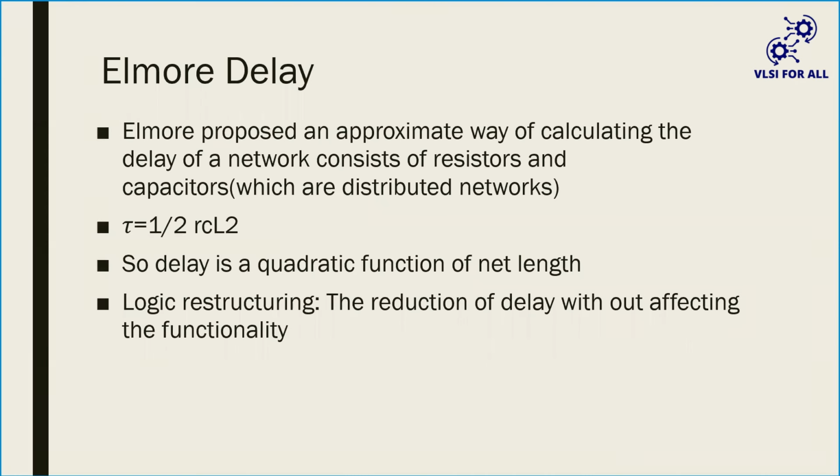So according to this Elmore delay concept, the net delay is reduced to 1 by 4 times. So team, remember, the net delay is directly proportional to the square of the length. So be careful. You need to keep the net length as small as possible so that you can fix the timing in a good way. That's what I want to say.